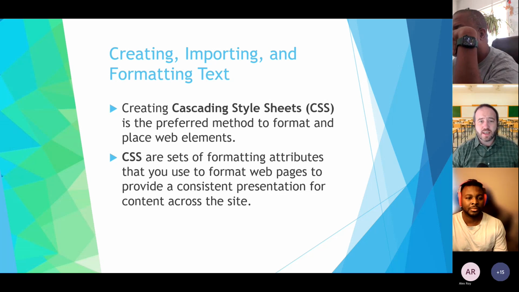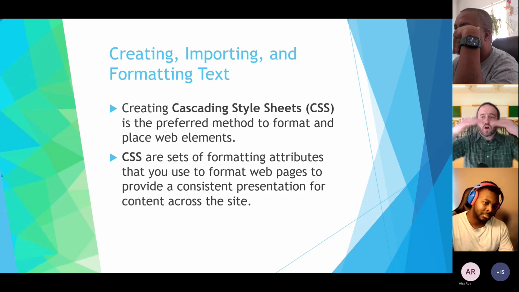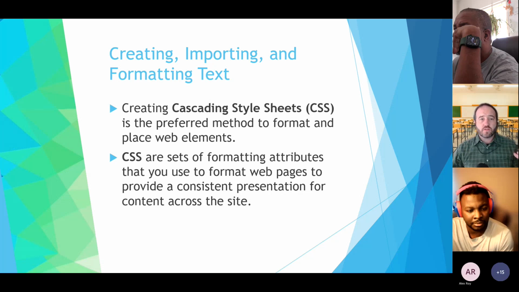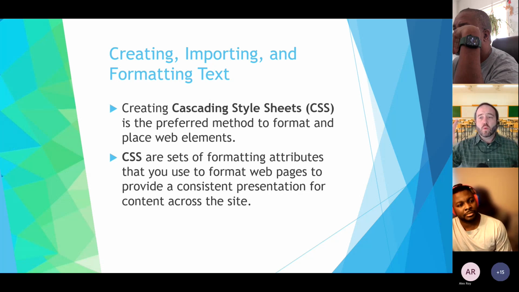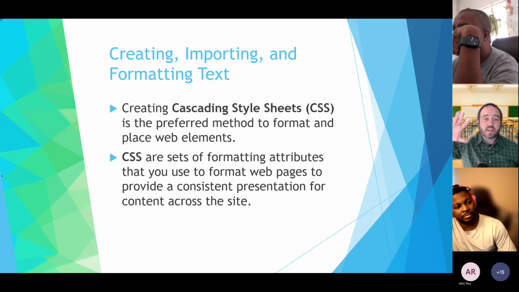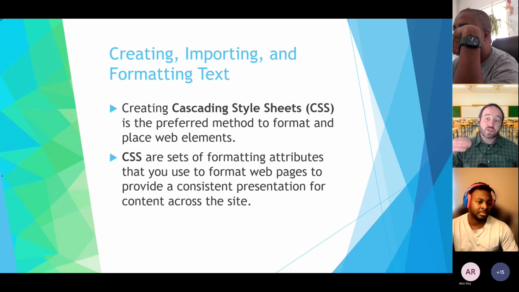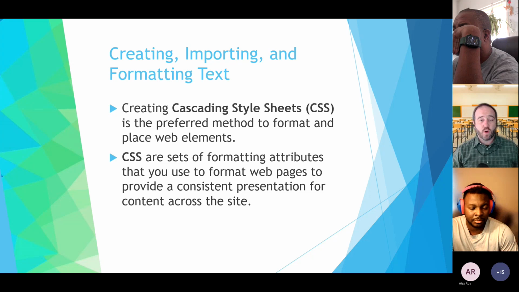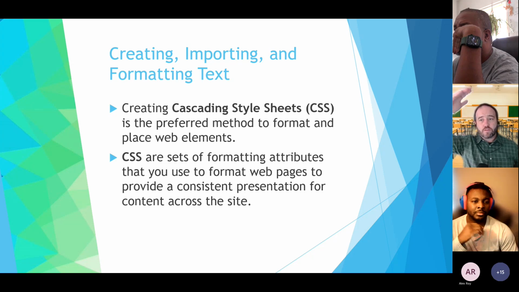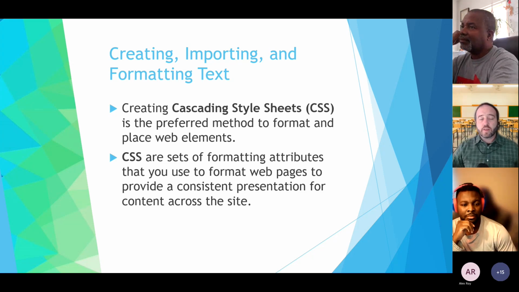So a cascading style sheet is a bunch of rules that we fall through. For cascading style sheets, we are identifying parts of our website that we want to change. We are setting the properties that we want it to have, and we're able to do that as many times as we want to. And it will fall down through them.